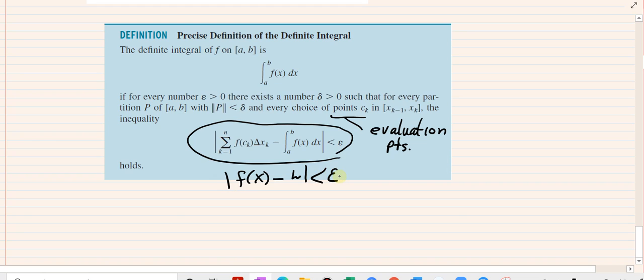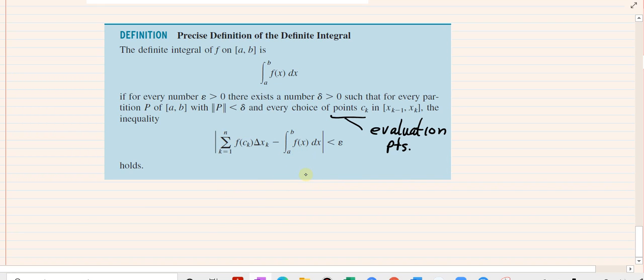We don't have it in that form. Well, it's pretty close, because this is equal to our L, and the definite integral is the limit of Riemann sum. This is actually L. And we don't have just a function, we have a sum of f(c_k) delta x. So there is the rigorous definition of definite integrals.